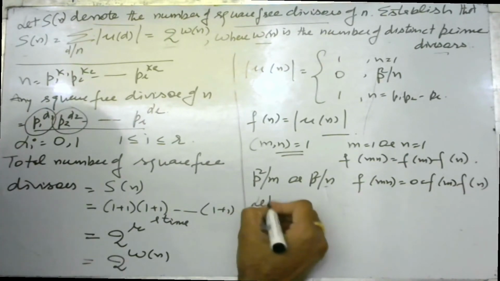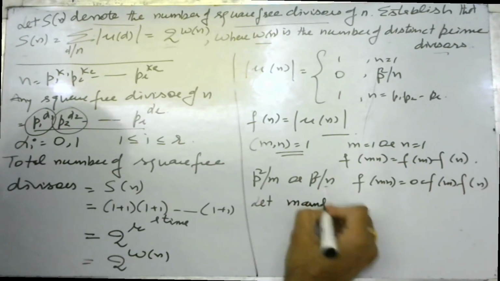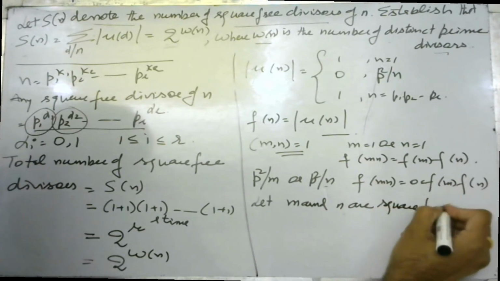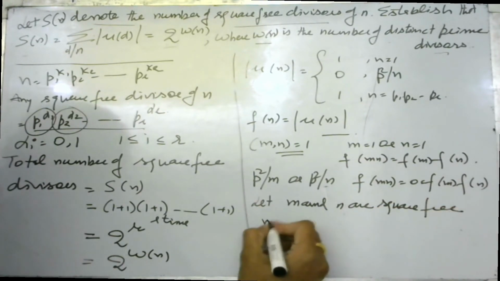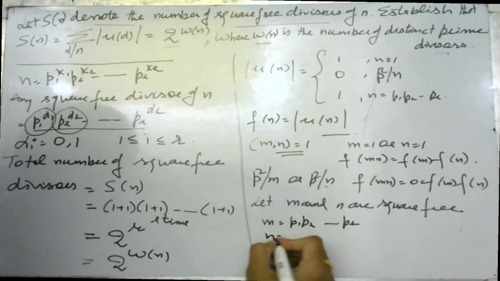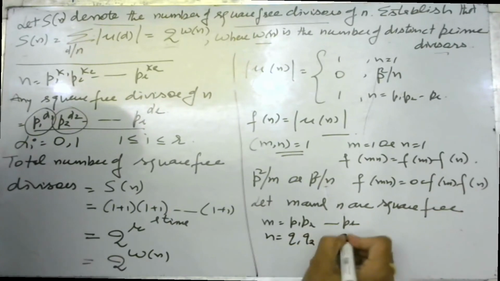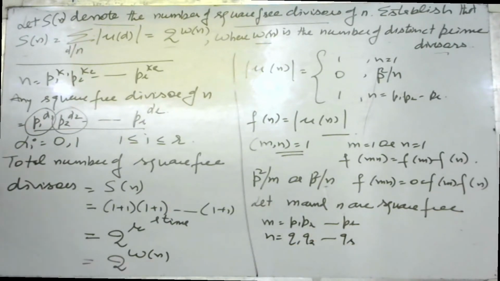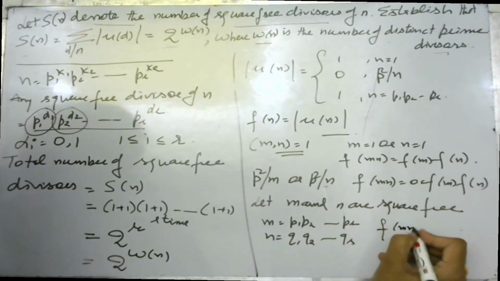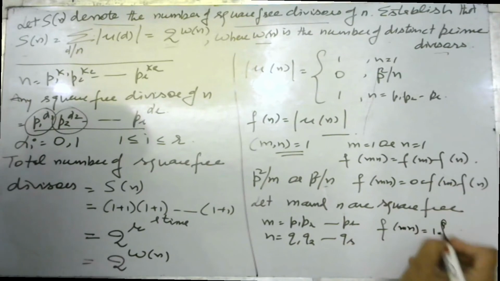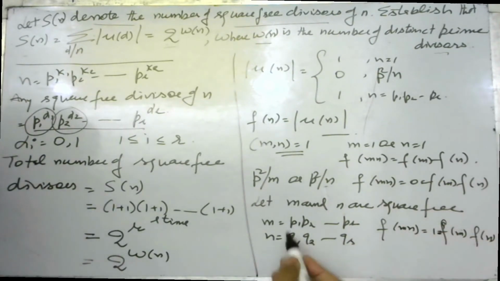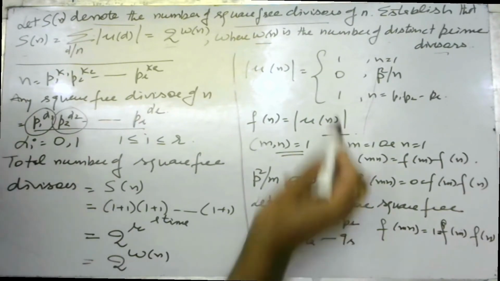And at the third step, let m and n be square-free, then m is equal to p1 p2 ... pr and n is equal to q1 q2 ... qs. Then again by definition F(mn) is equal to 1, which is F(m)F(n), because when you multiply, what is the value? 1.